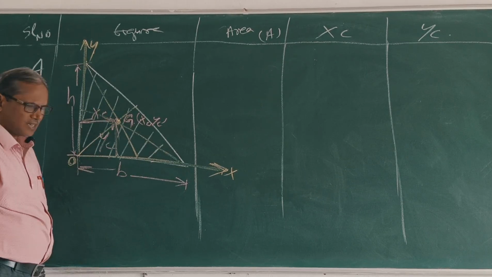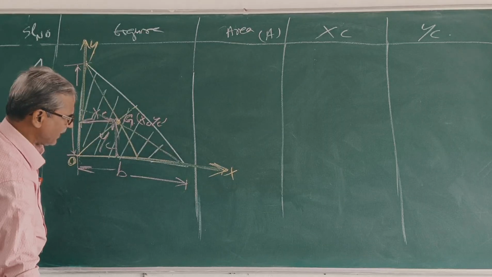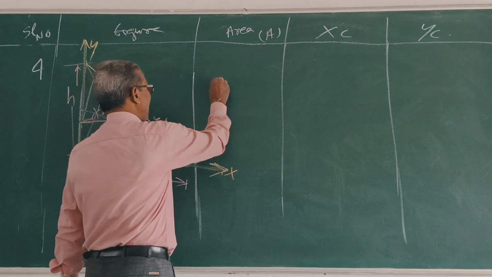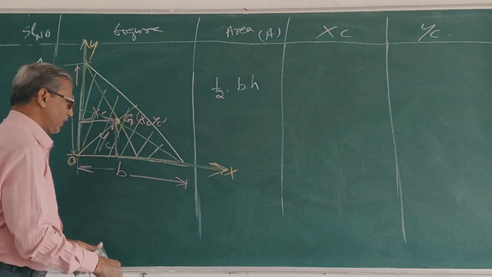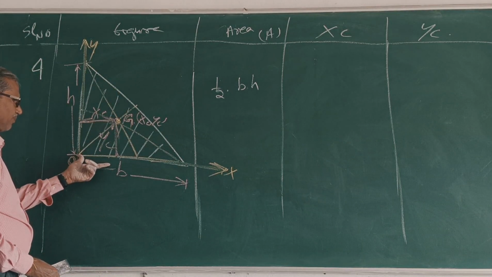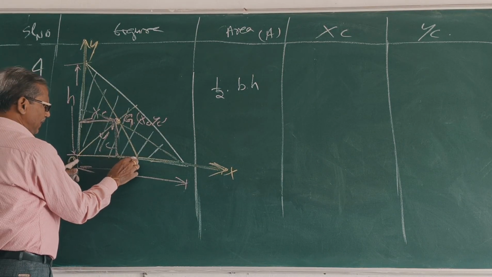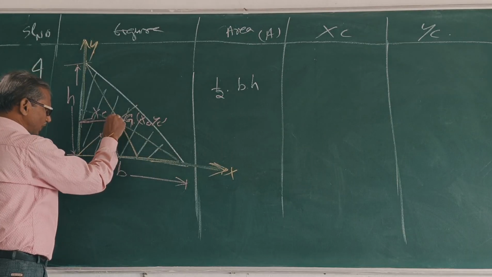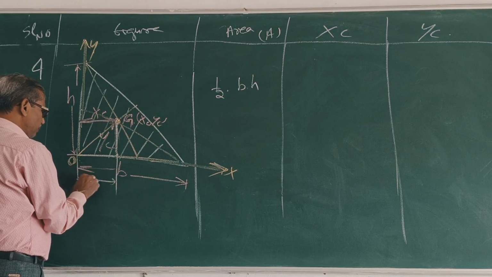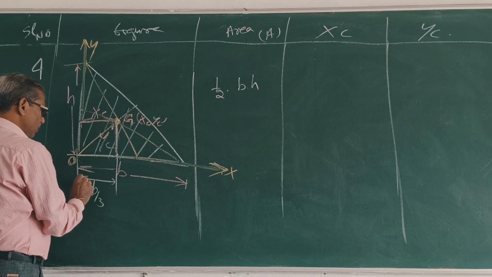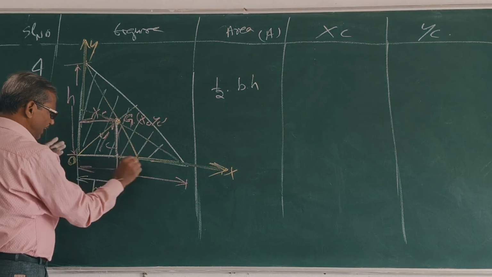Clear? So what is the area of the triangle? Half into base and height. What is XC? This is XC. This length is B by 2, this length is B by 2. But what is this length? This is equal to B by 3. This is base, this is height.